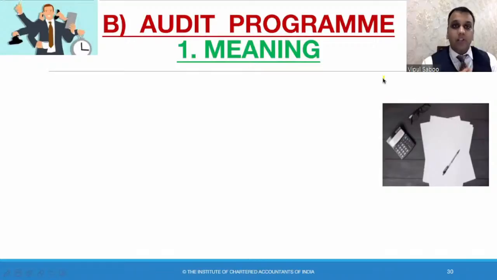So my strategy was that, yes, I have to carry out the audit of the hotel, but these are my specific considerations where I have to lay special emphasis, spend more time, get more documentation done, get more evidence, so that I'm able to give an effective report of an effective audit.